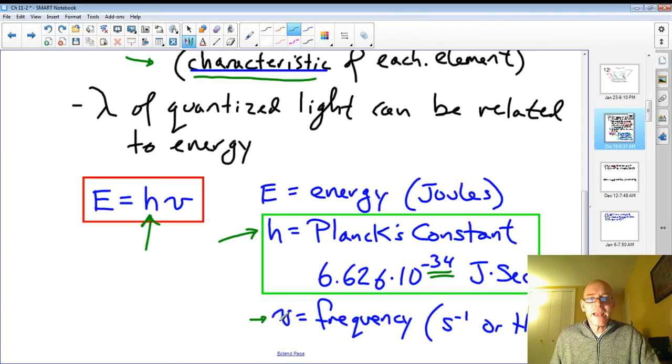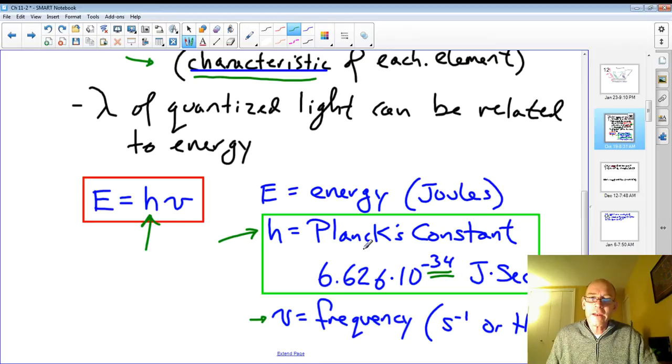So we can calculate the minimum energy needed to knock an electron off of a surface if we know the frequency of that light with which the metal surface interacts. So let's do a quick example of this calculation. By the way, Planck's constant is relatable to this minimum energy that is required to interact with an electron.